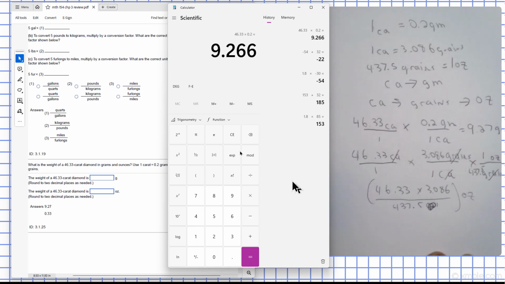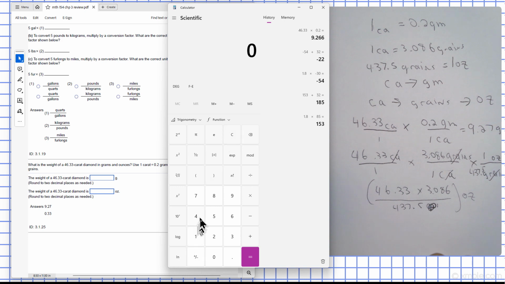All right. We take these two numbers here, times 3.086, equals, and then divide that by 437.5.